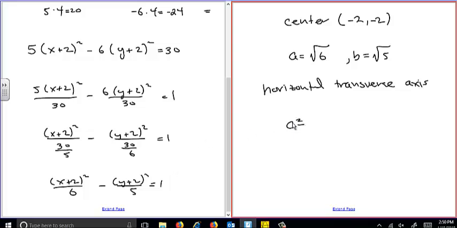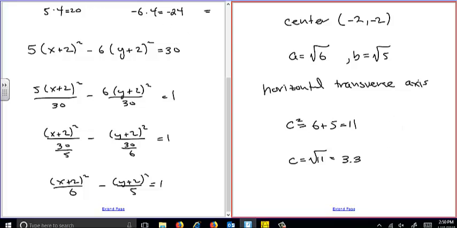C squared is equal to 6 plus 5, because this is a squared, b squared, that's 11. So c equals the square root of 11. So you get 3.3.